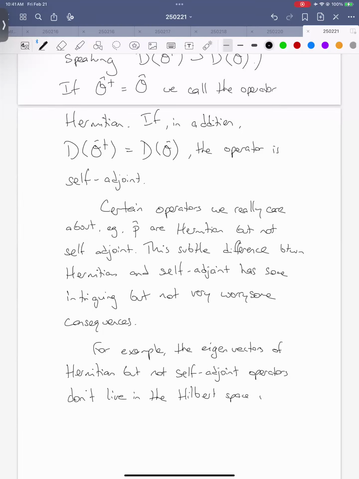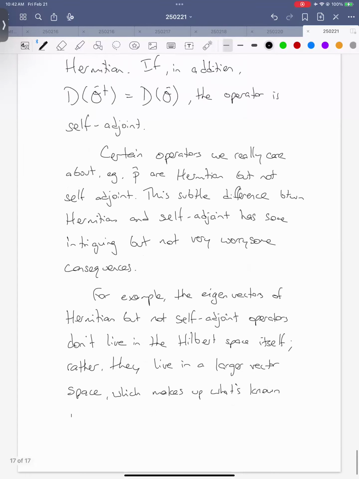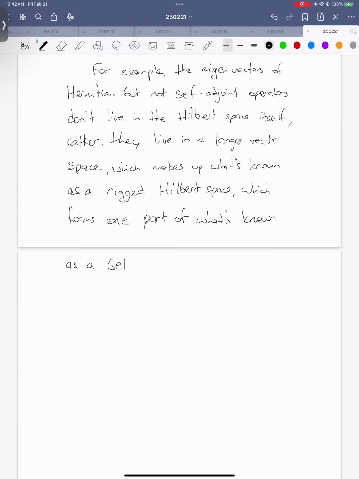Rather, they live in a larger vector space, which makes up what's known as a rigged Hilbert space, which forms one part of what's known as a Gelfand triple.